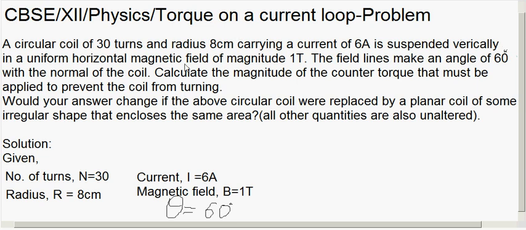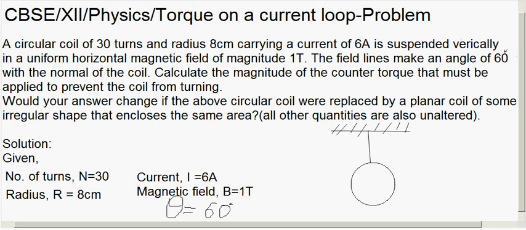Now here the given coil is circular. Let me draw a diagram for this. The given coil is a circular coil and it is freely suspended in a magnetic field.